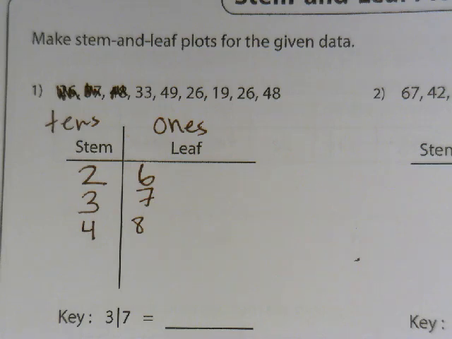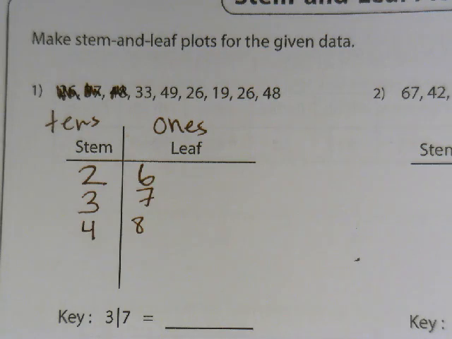Okay. You see 33? Which number is in my tens? Which is in my ones? But do I already have a 3 in the tens? Yes. So here's a mistake: I am not going to put another 3 here because I already have the 3 here.